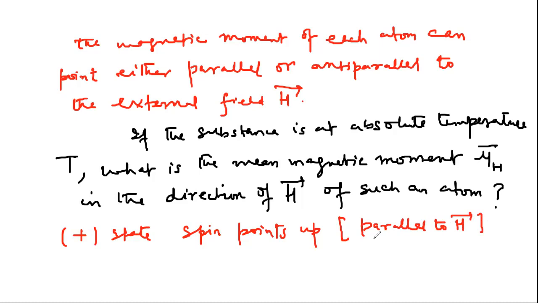And another state in which the atom can exist, we call that the minus state, which we call when spin points down.